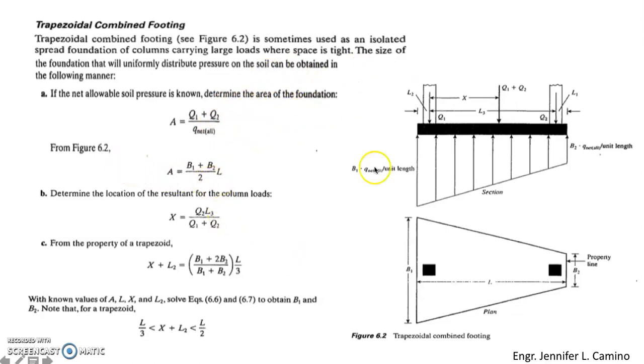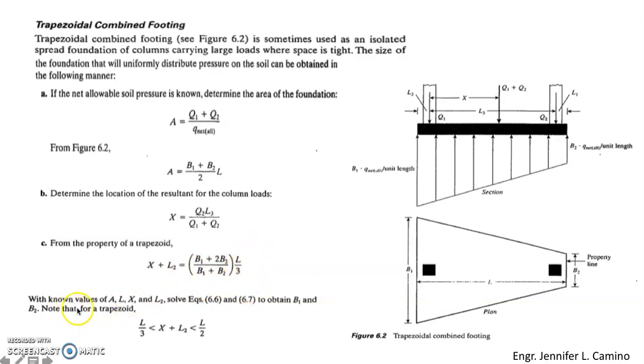And from this figure, you can have the equation that the area of the foundation is equal to B1 plus B2 all over 2 times L. To find the location of the resultant force, you have a similar equation from our rectangular combined footing. From the property of the trapezoid, you can have this equation that X plus L sub 2 is equal to quantity B1 plus 2 B sub 2 all over B1 plus B sub 2 times L all over 3.